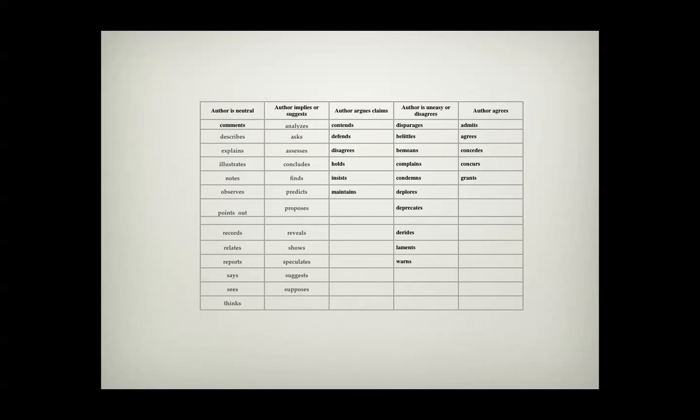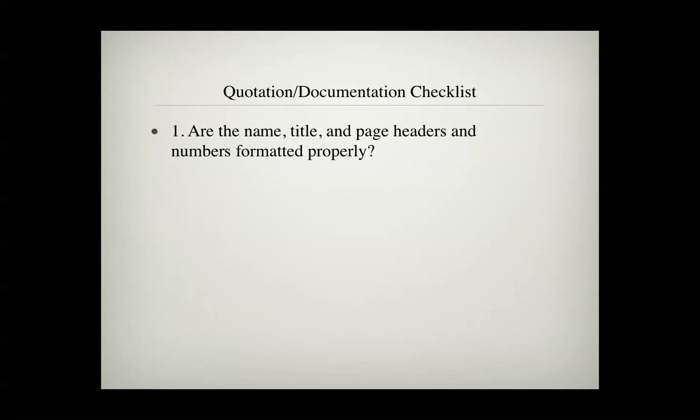So what to say if the author is neutral, what to say when he or she is just implying or suggesting something, which words to use when he's making a claim or disagreeing or agreeing. This is some really good information when you're thinking about your quotes. Use it to make sure you've done it correctly.